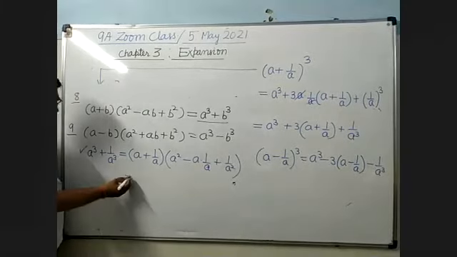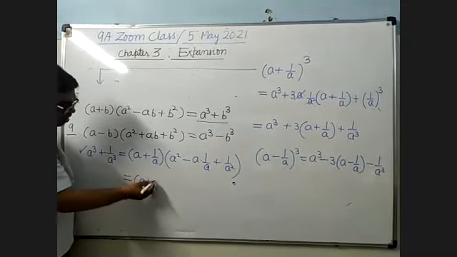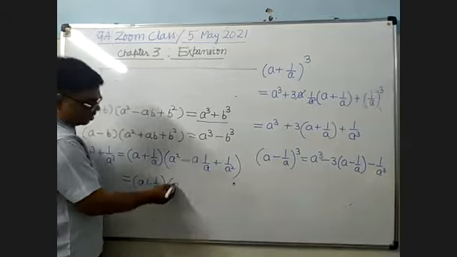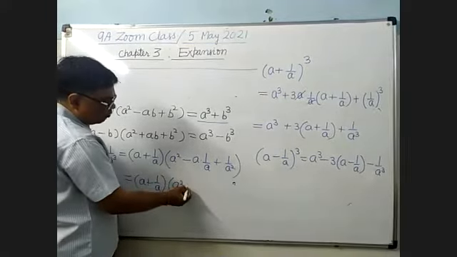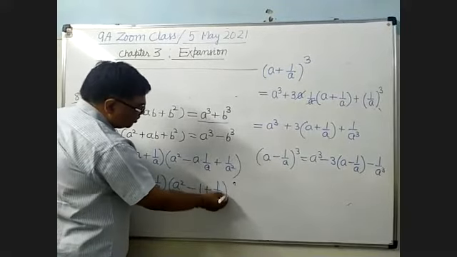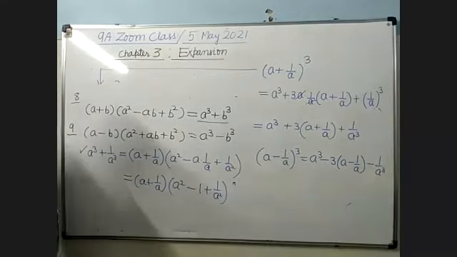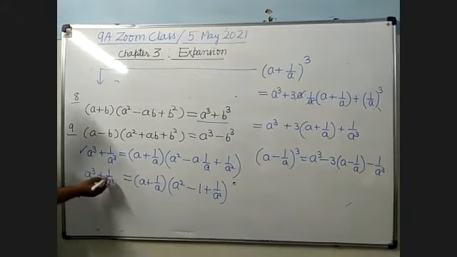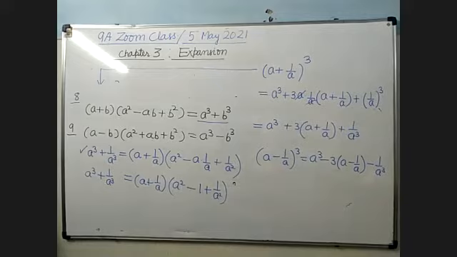When you simplify, what will you get? a plus 1 upon a, and in the other bracket a square minus 1 plus 1 upon a square. Is it clear? So this is a cube plus 1 upon a cube.